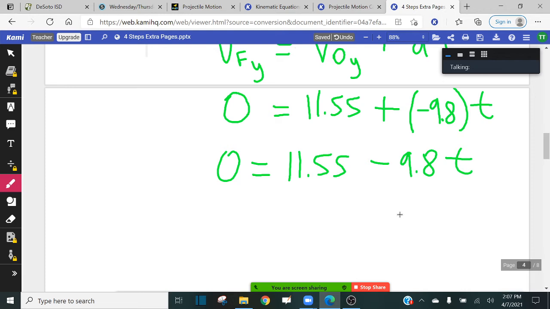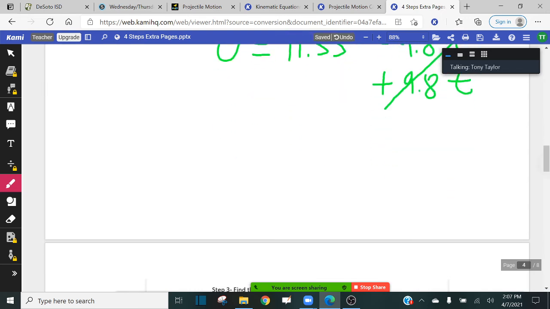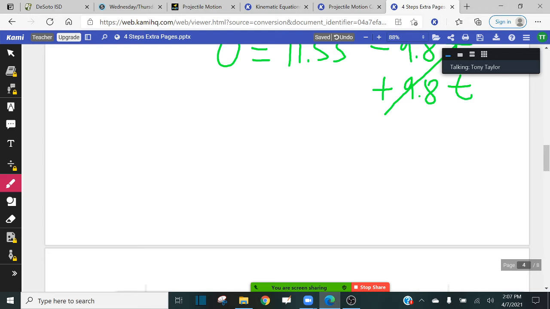You see this negative 9.8 times t? I'm going to add that to the other side of the equal sign, because remember, the goal is to get t by itself. When I add that, it goes away. Whatever I do to one side of my equal sign, I have to do to the other. So I'm just left with 9.8t is equal to 11.55. Okay, hopefully everybody's following me.